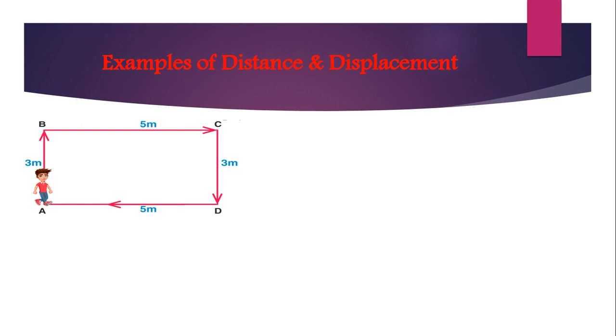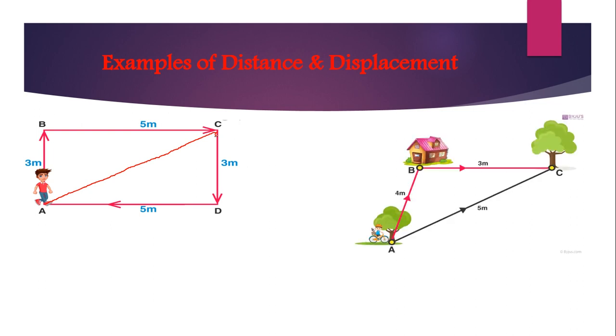But what will be the displacement? To find the displacement, we will have to find the length of this diagonal, which will give the displacement when the boy moves from position A to position C.